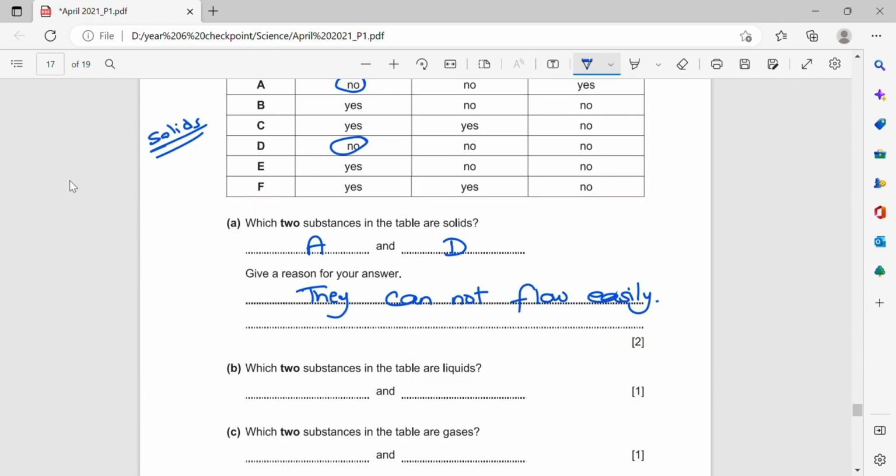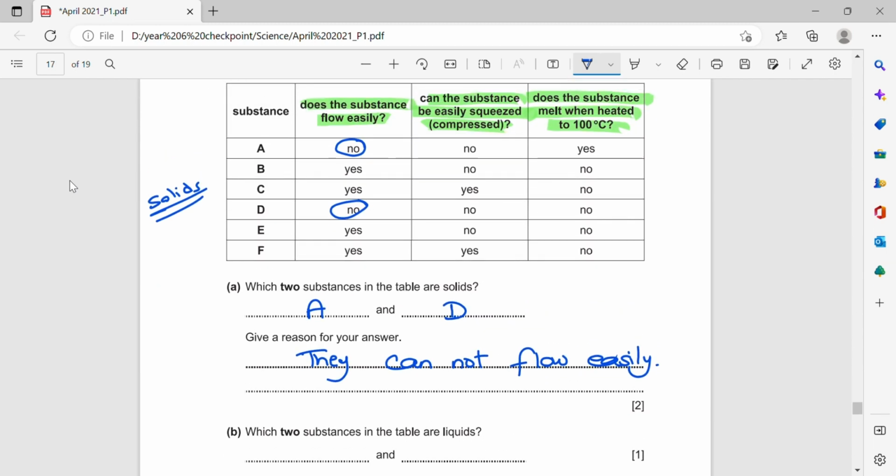Which two substances in the table are liquids? Let's look at the criteria to see which could be liquids. Can the substance be easily squeezed?